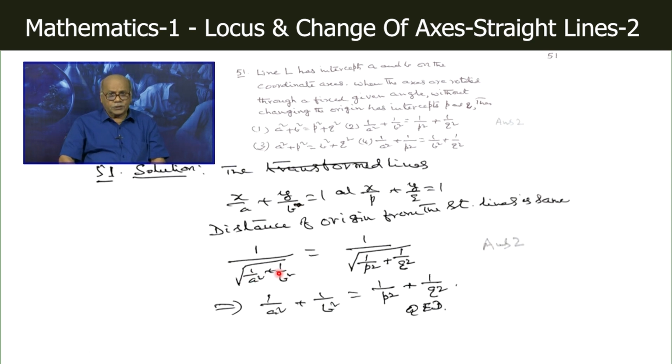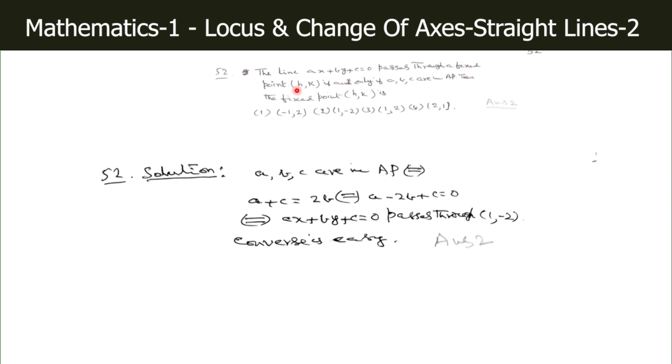And the distance of the origin from the second one is 1 by square root of (1 by P square plus 1 by Q square). Because these two are equal, we have 1 by A square plus 1 by B square is equal to 1 by P square plus 1 by Q square. So the correct option is option number 2.